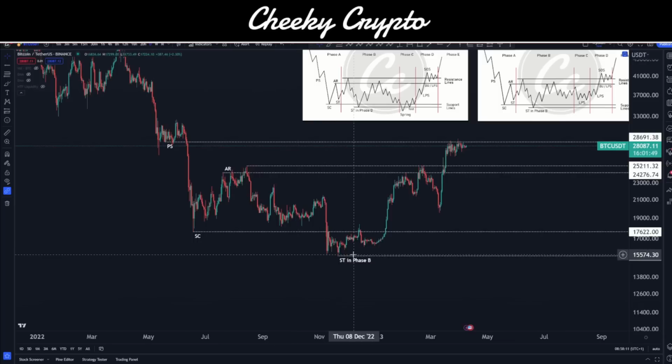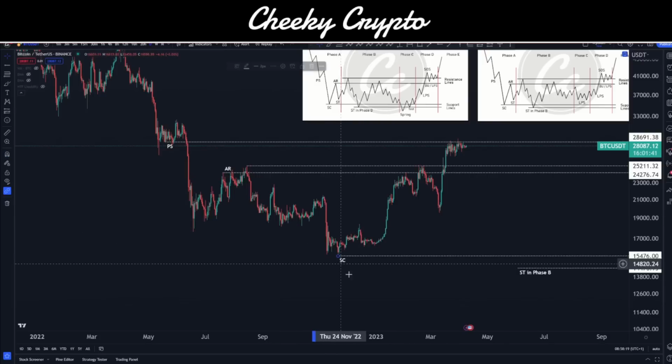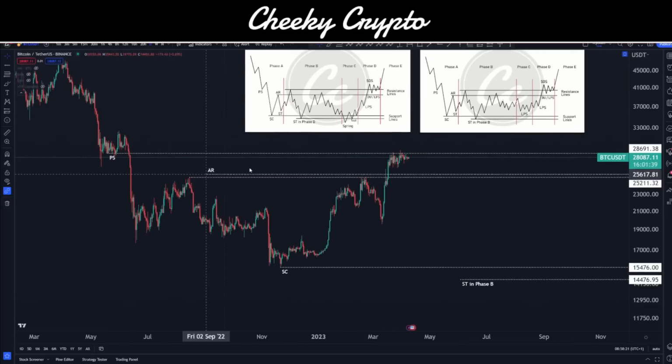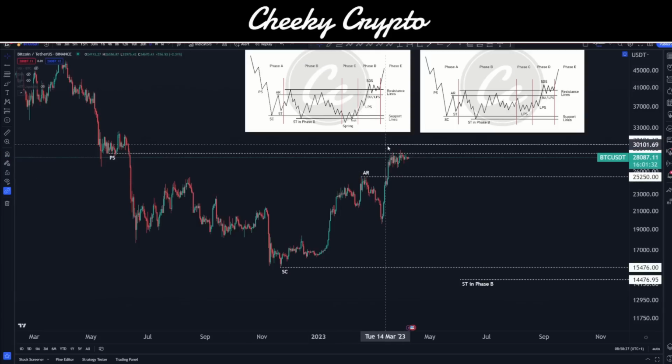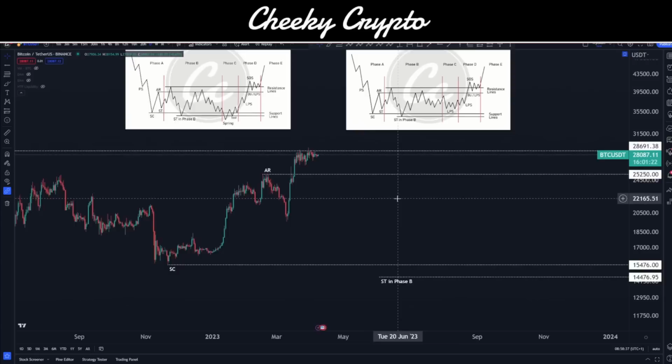Okay, so as I had this drawn out before, we had no secondary test in phase B. That was yet to actually occur. So the only other way of looking at this at the moment is that down here is our selling climax, and our automatic rally is up here, and our resistance is right up here with the preliminary selling. That would basically mean that we are up here on the schematic. So let me just make this a little bit easier to read.